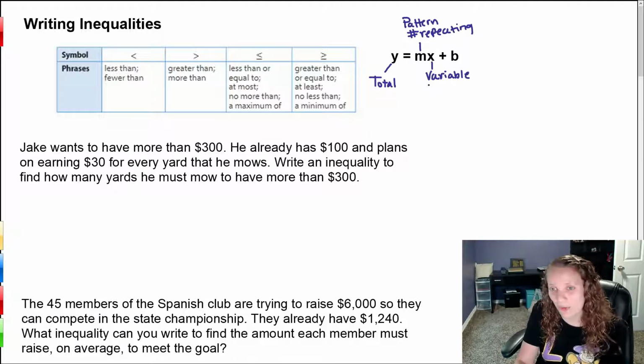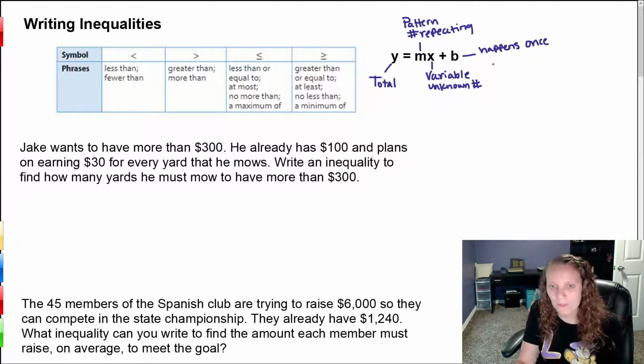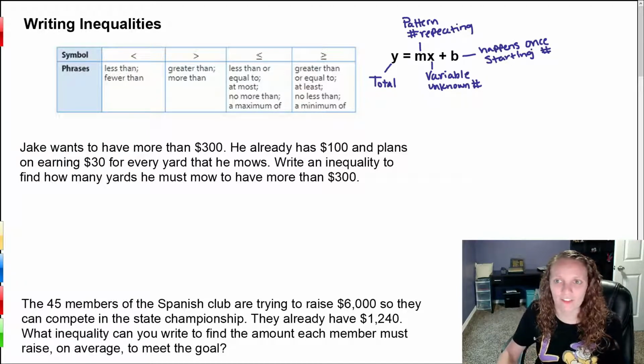It's an unknown number. And then the b, that's the number that happens once. It could be a starting value, or beginning number, however you want to think of it.